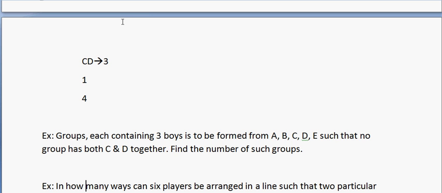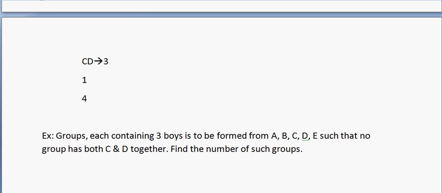Now this was the next question, which is 3 people are to be selected from A, B, C, D, E such that no group has both C and D together. Find the number of such groups, right? So this is a UPSC question.